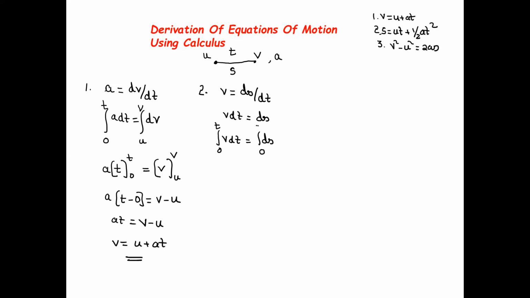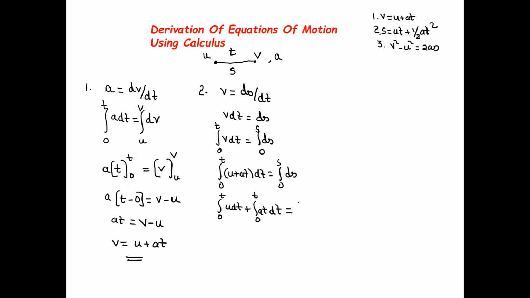0 to s. In place of v, I'm replacing u plus at, into dt, equals integral 0 to s ds. I can split it into two parts: integral 0 to t u dt plus integral 0 to t at dt.